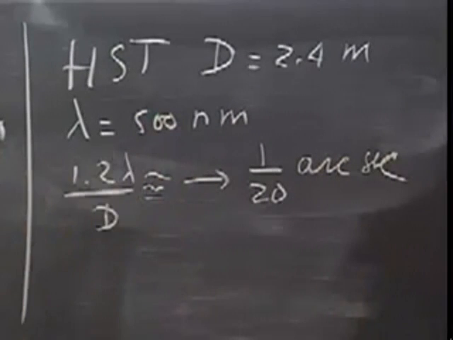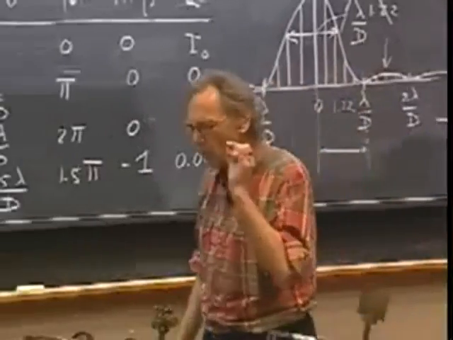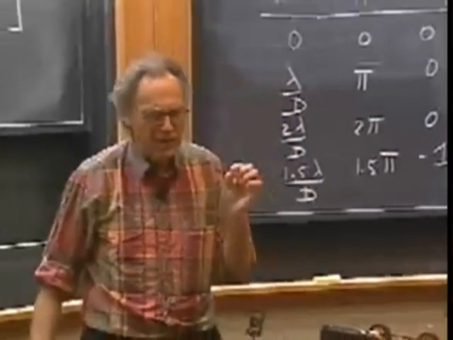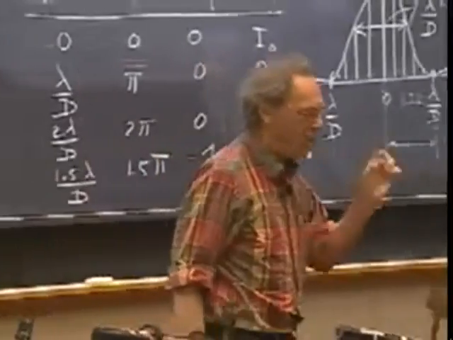That is an incredible resolution. 1/20th of an arc second. If two stars of equal brightness are 1/20th of an arc second apart, Hubble Space Telescope can see it as two stars.